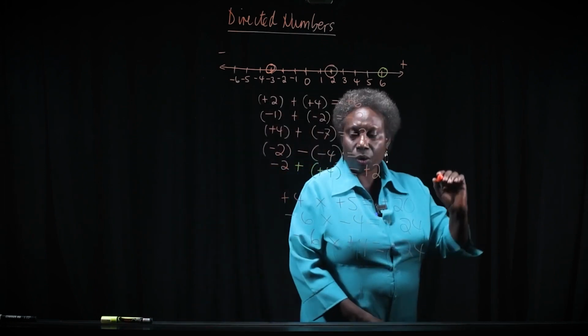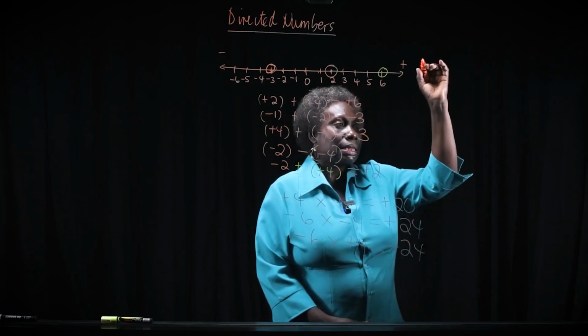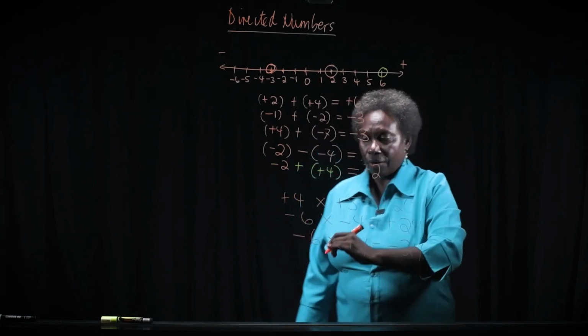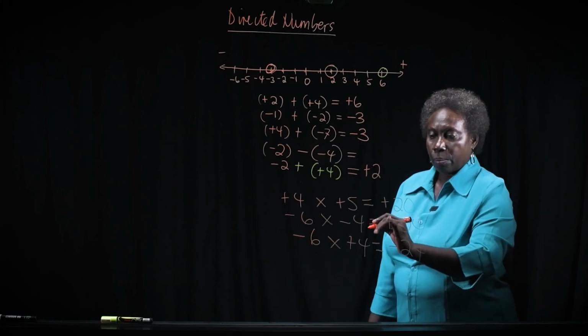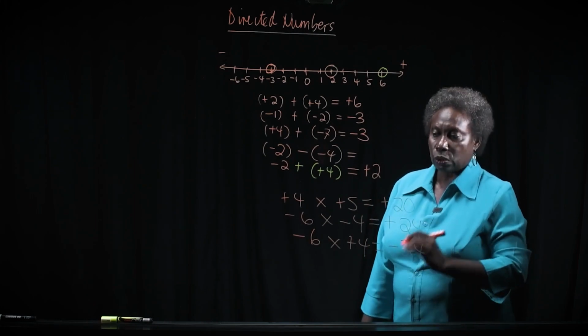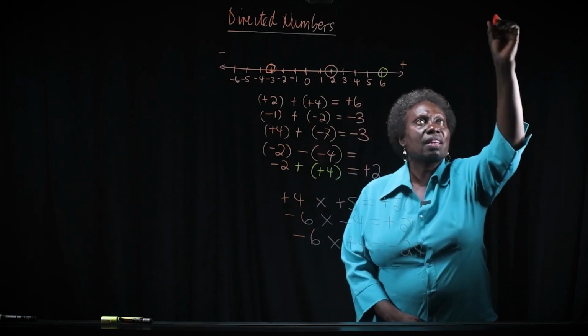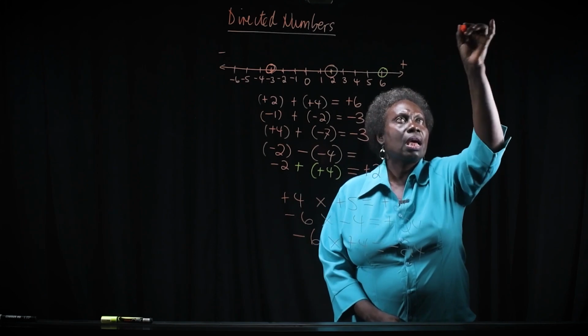Now, let's go to division of directed numbers. The same rule that we have applied for multiplication of directed numbers also applies to division of directed numbers. When we are dividing directed numbers with the same sign, the answer is always positive.